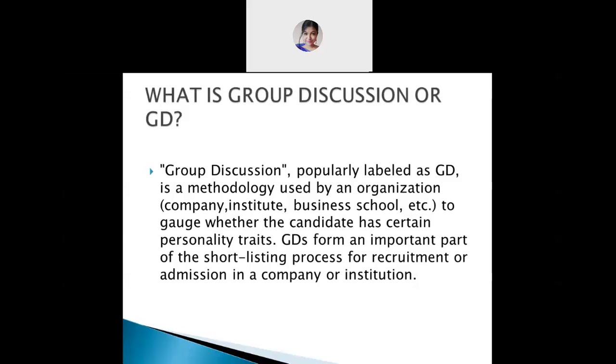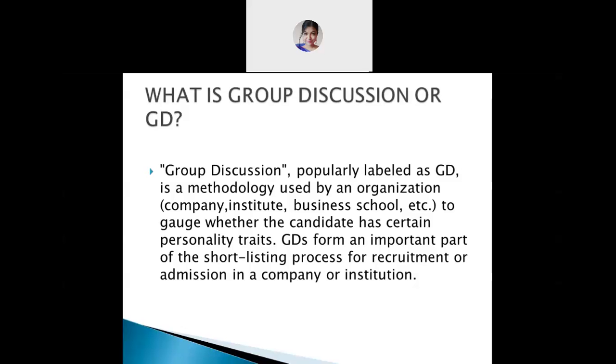I cannot say for sure regarding that, because that is totally dependent on the organization, how they divide the groups regarding the number of candidates, the topic, and the time they provide.